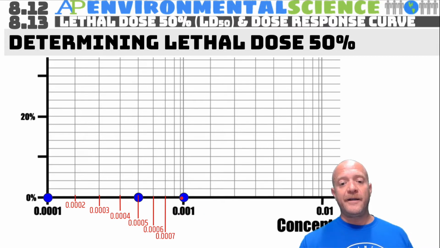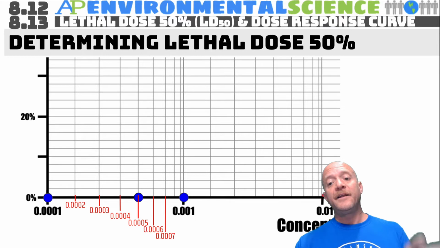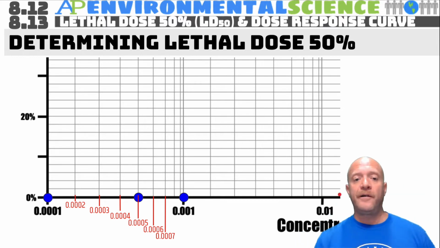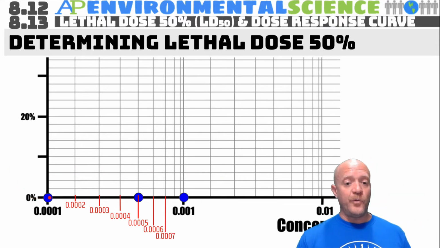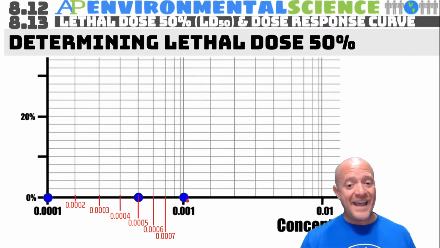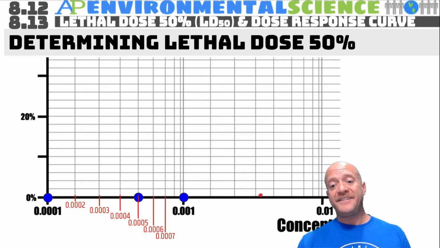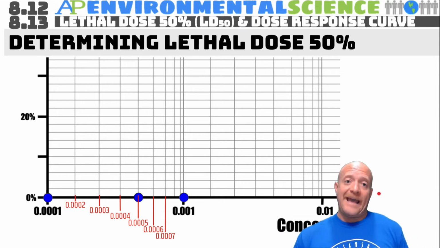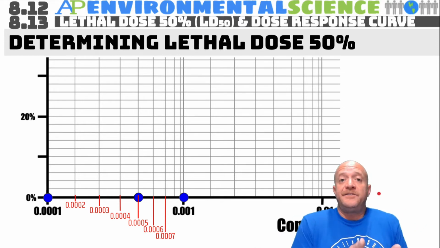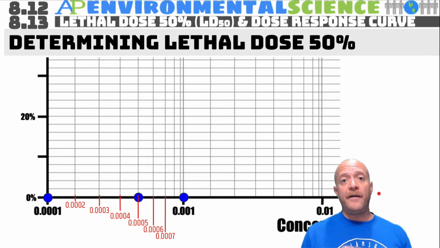Now from here, we're going to go 0.002, 0.003, 0.004, 0.005, 6, 7, 8, 9, 0.01. Then goes 0.02, 0.03, 0.04. Another way you can do it, you can do 1, 2, 3, 4, 5, 6, 7, 8, 9, 10, 20, 30, 40, 50, 60, 70, 80, 90, 100, 200, 300, 400, like that. So as you move to each one of these new divisions, you're increasing or multiplying by 10.